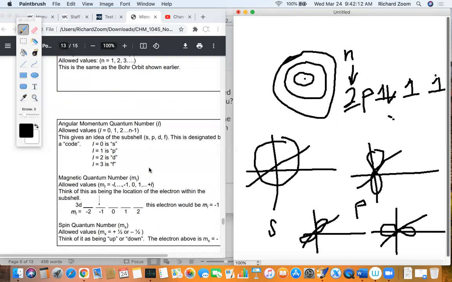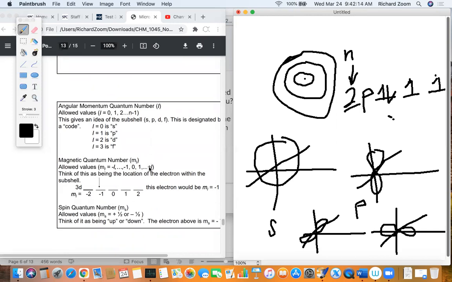The next one is called the angular momentum quantum number, which is L, which can have a value of 0, 1, or 2, all the way up to n minus 1. Now, these values represent a code, and they describe which subshell an electron might be in. So we're talking about the S, P, D, or F, and there's a corresponding number that goes with each of these letters. So for L equals 0, that's going to be S.